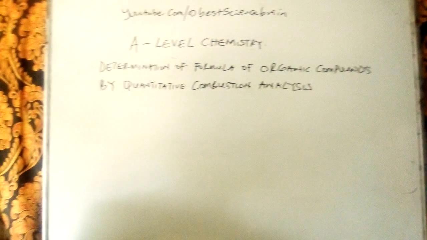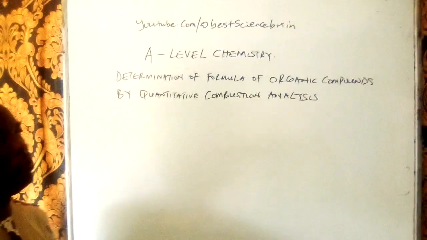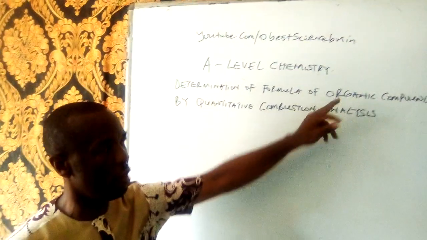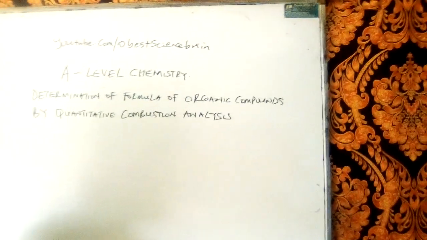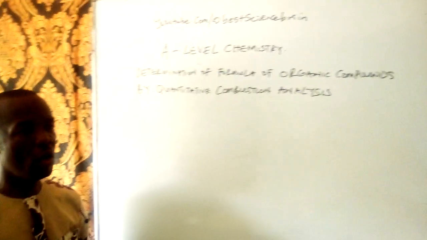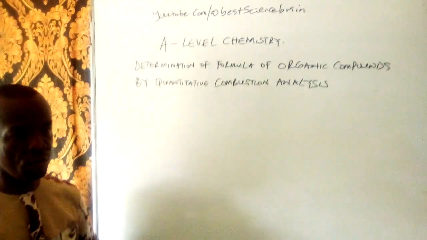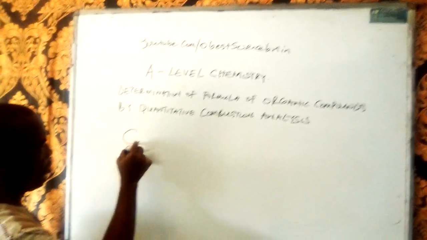In the combustion, we're going to start with the first class of compound called hydrocarbons. Hydrocarbons, as we said in the first video on this formula of compounds, are compounds that contain carbon and hydrogen only. The general equation for combustion of hydrocarbons is on the board.